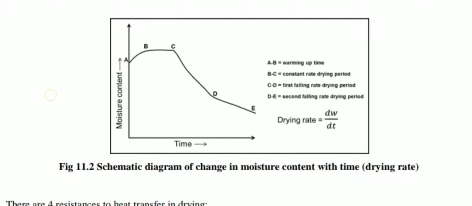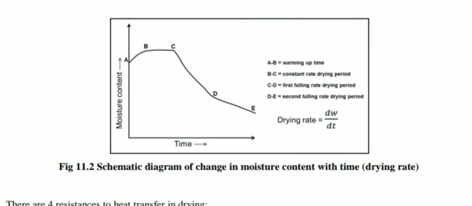Now C to D, first falling rate drying period, because we can clearly see the fall in the moisture content, and D to E is the second falling rate drying period, where the speed of lowering of moisture content is less than the first falling rate drying period.